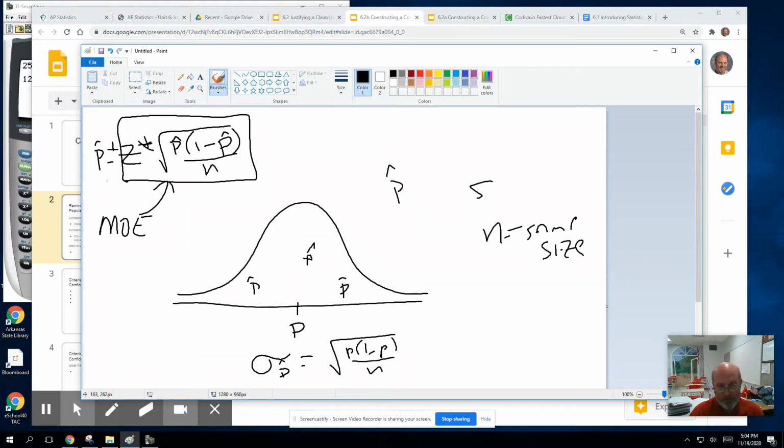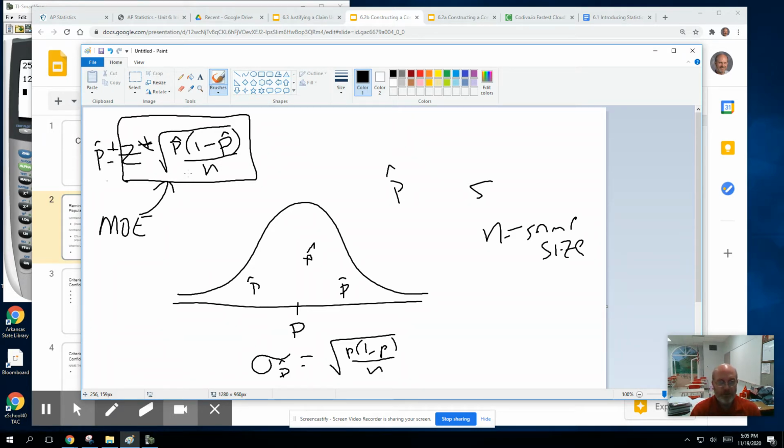If they say 52% support, that's their p hat, and the 3% margin of error is z star times the square root of 52% times 48% divided by n. That's where they calculate those margins of error.